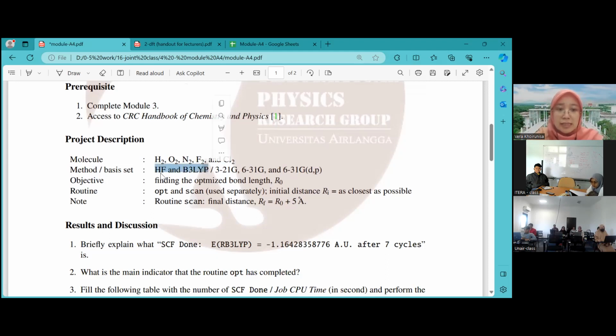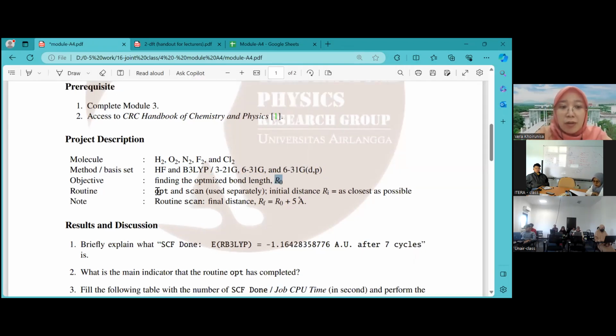The first one is Hartree-Fock, and the second one is B3LYP. And then we will use 3 kinds of basis sets. I think all of you are familiar with these methods and basis sets, and you already know what the difference is. And the objective, so the goal, is finding the optimized bond length, or R0.